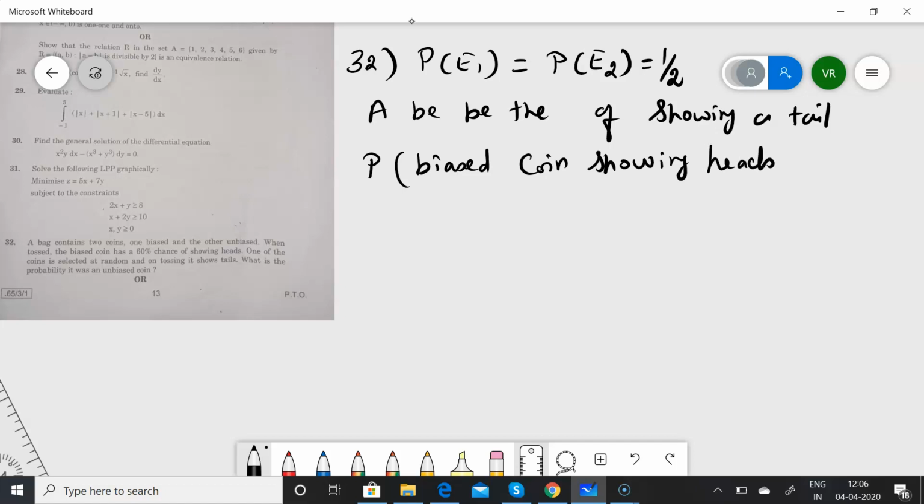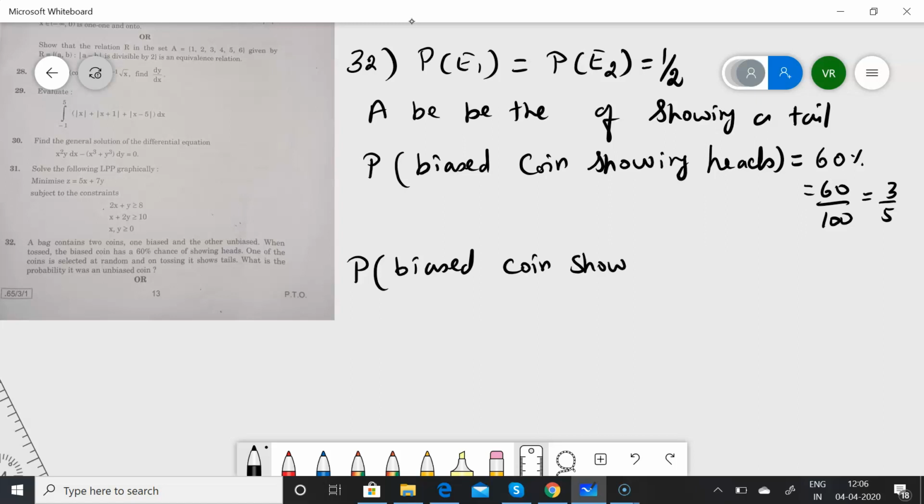So showing heads is equal to 60%, which is equal to 60 by 100, which is equal to 3 by 5. Same way, P of the biased coin showing tails will be 40 by 100, which is equal to 2 by 5.